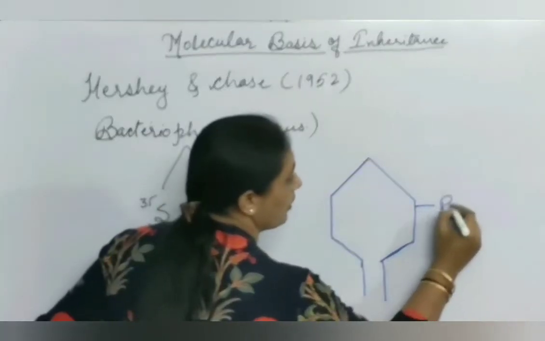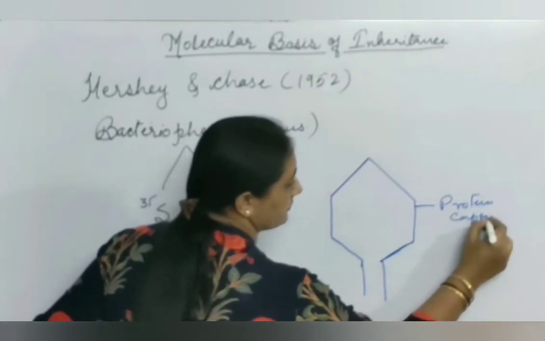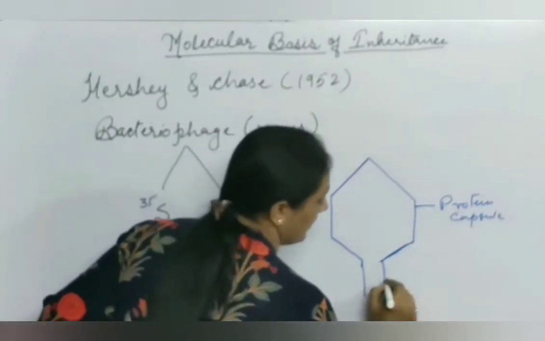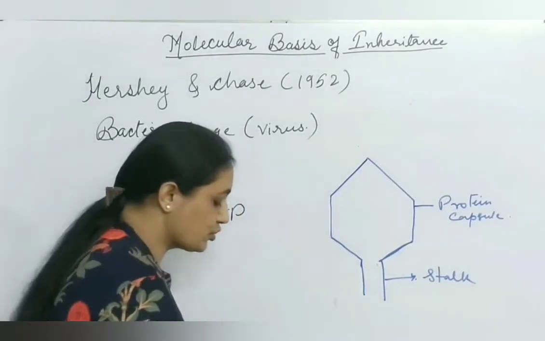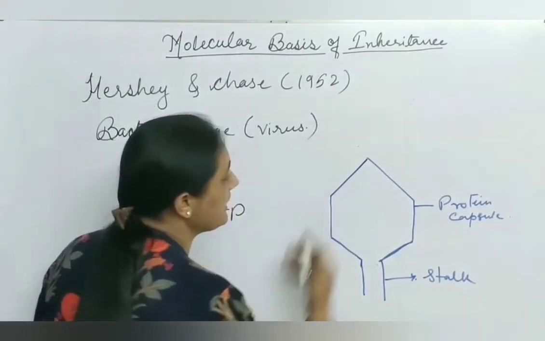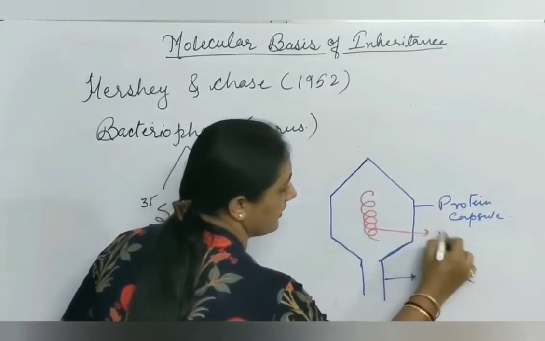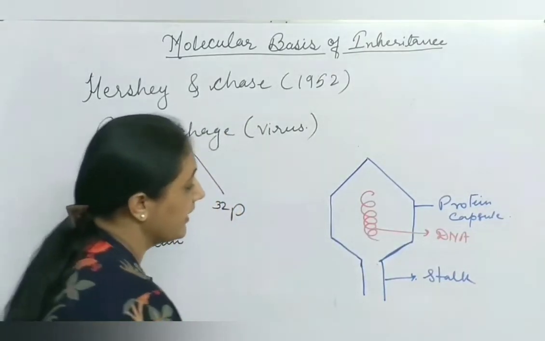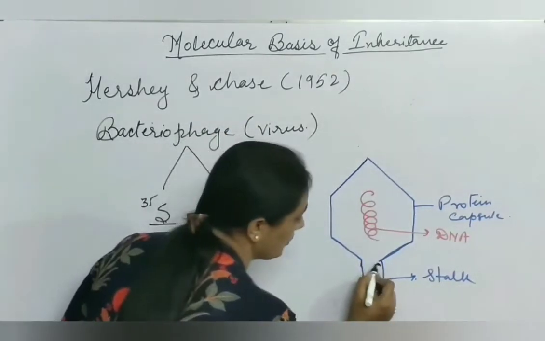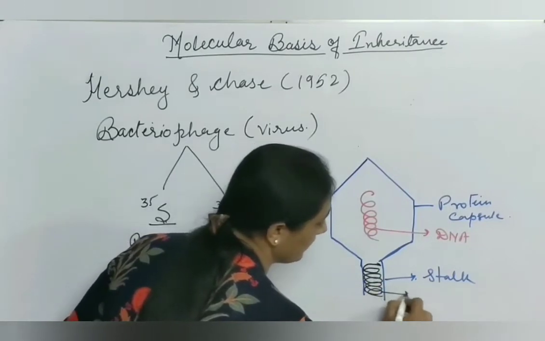This is called the protein capsule. This is the stalk. Inside this protein capsule is the genetic material, DNA. Here also a spring-like spiral structure is there, that is the protein.